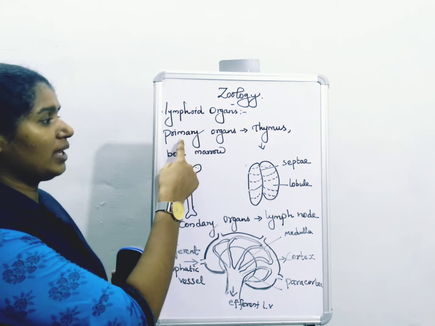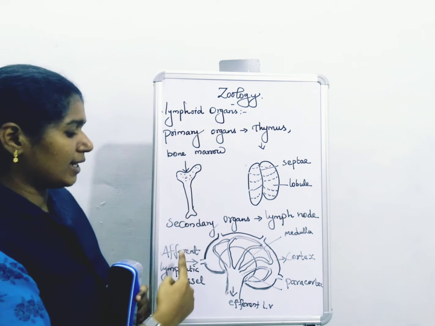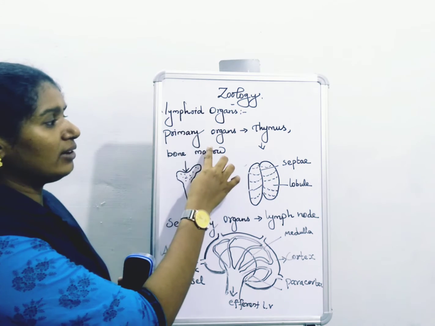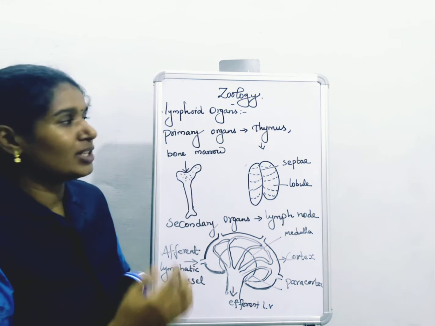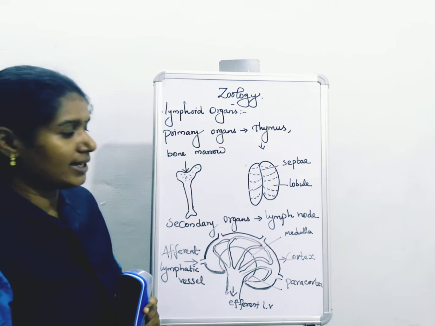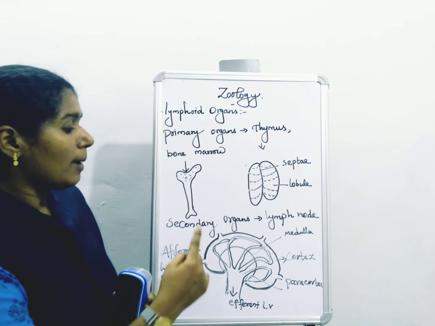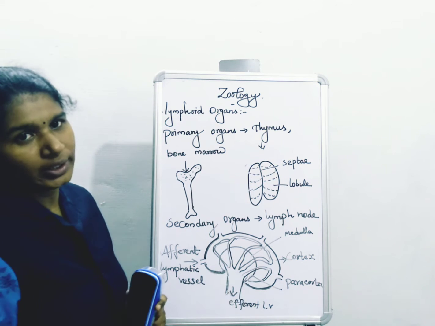One is called primary lymphoid organs, another one secondary lymphoid organs. Primary lymphoid organs are otherwise called central lymphoid organs. Secondary lymphoid organs are otherwise called peripheral lymphoid organs.